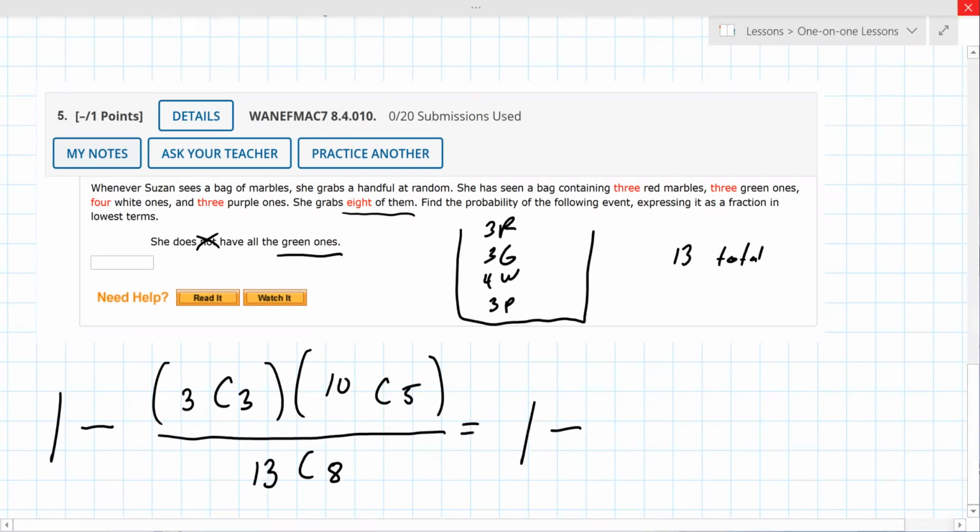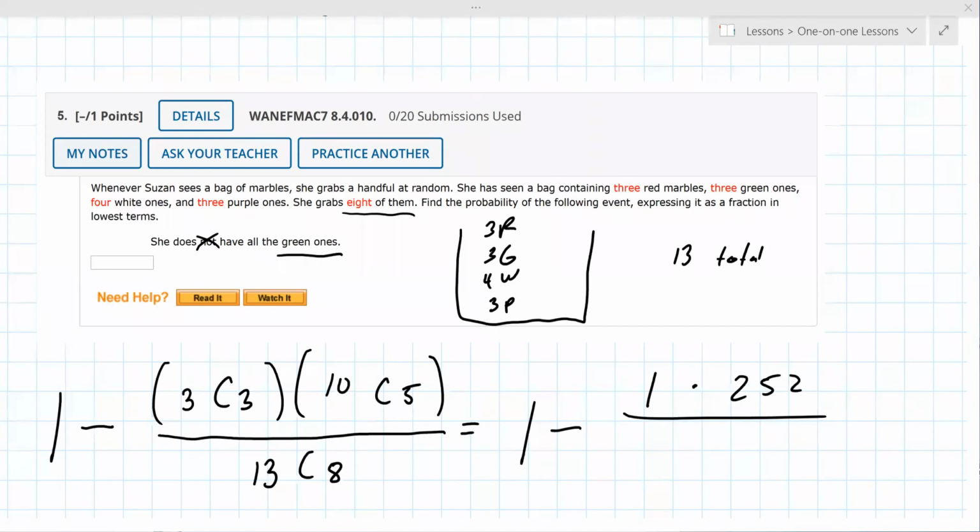So we're going to get each of these values for the combinations, and then we'll multiply them together. So 3 choose 3 is 1 times 10 choose 5. That's 252 over 13 choose 8. Okay, 1287.